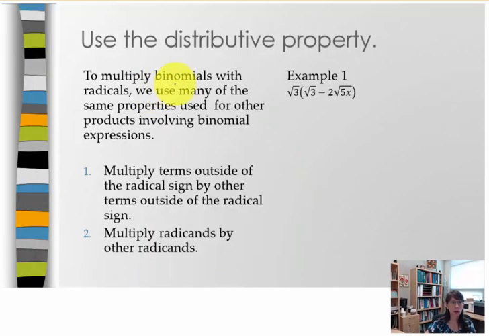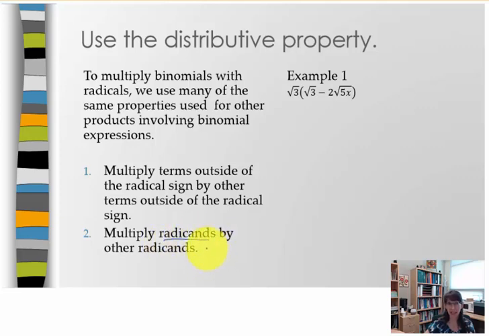So to multiply binomials with radicals, we will use many of the same properties that we used for other products involving binomial expressions. We will multiply terms outside of the radical signs by each other, and we'll multiply terms remaining under the radical sign, those are the radicands.